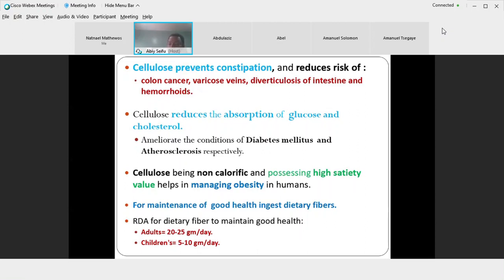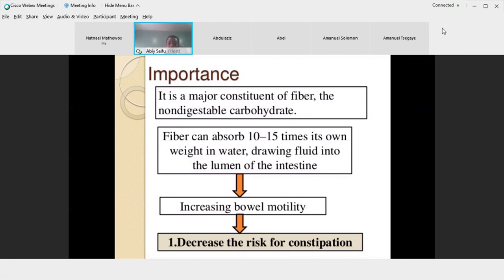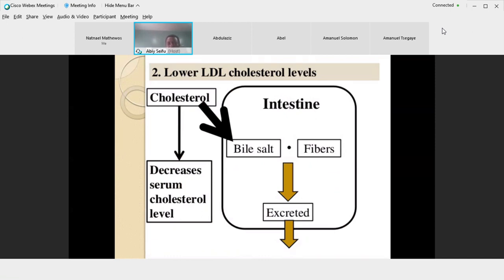Then this is good for you to manage your body weight, and it is advisable to take good amount of dietary fibers to manage obesity. Therefore, it is better to take good amount of fibers daily in order to maintain our health. This is how fibers reduce constipation, and this is the mechanism how dietary fibers reduce cholesterol.